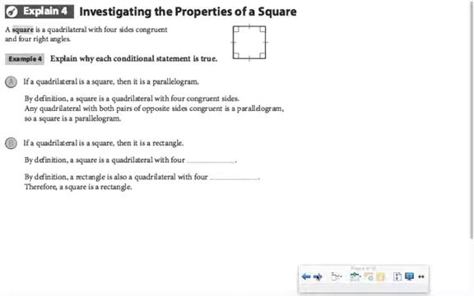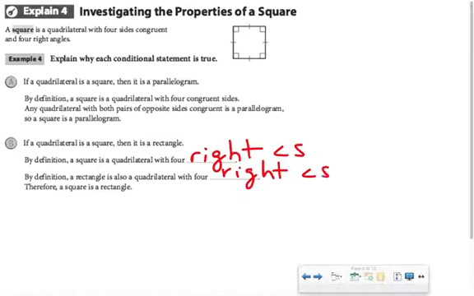In part B, if a quadrilateral is a square, then it is a rectangle. So by definition, a square is a quadrilateral with 4 right angles. And by definition, a rectangle is also a quadrilateral with 4 right angles. So a square is a rectangle.